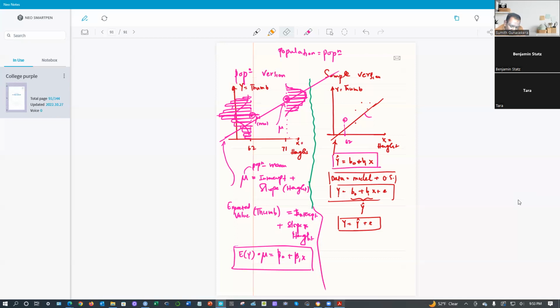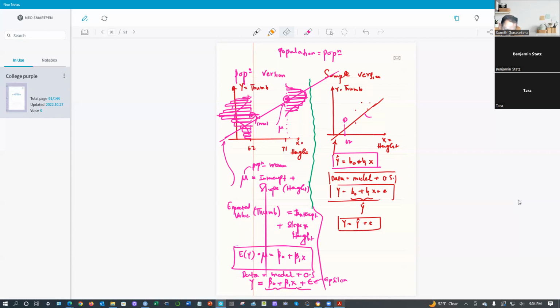Later on, if you write the model, your data is Y. The model is what? Beta naught plus beta 1 x plus epsilon, the error. We mentioned that one. So this part is not Y hat.